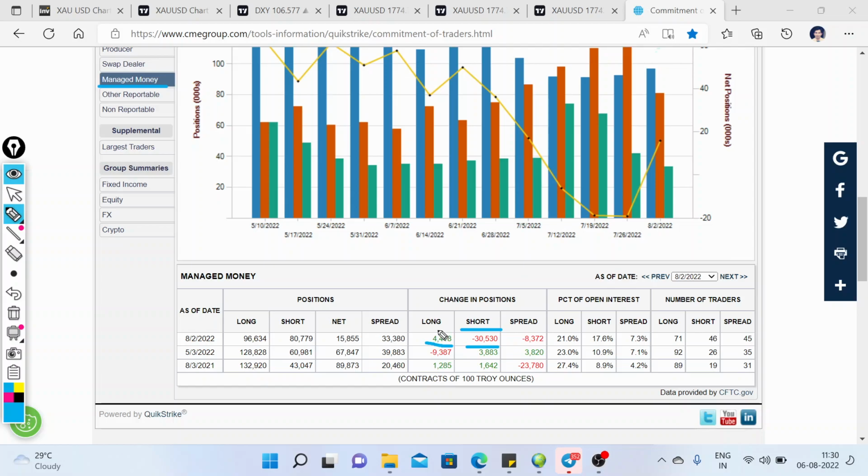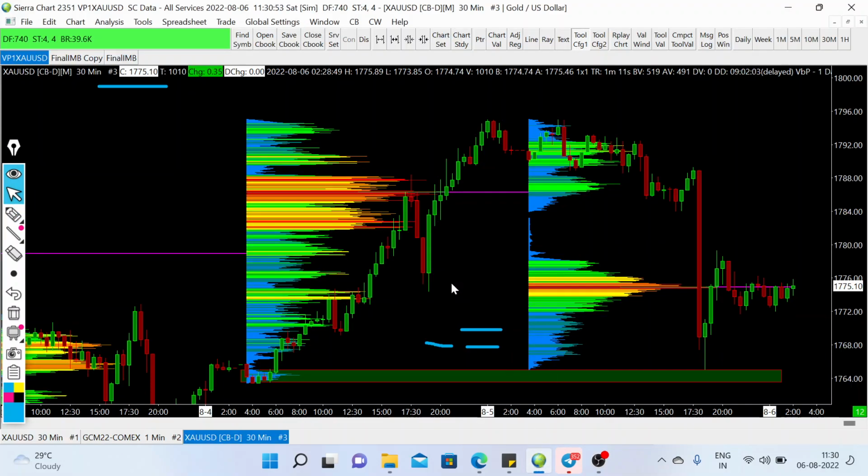But from yesterday's trading session, we can see that gold is under selling pressure. So what are the possible levels that we have to keep in mind? On the price action chart, you can clearly see that after this big decline, gold took support on the level of 1765. And if we look over to this zone, this is currently the high volume node, and the price is trading currently at 1775.